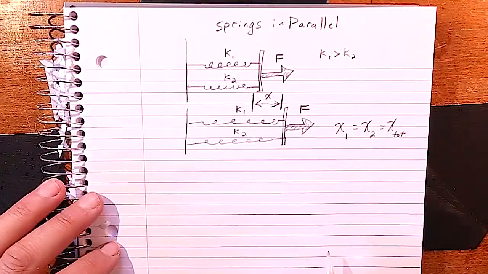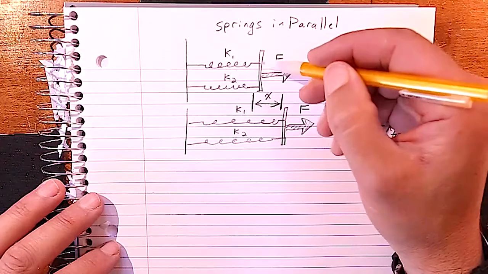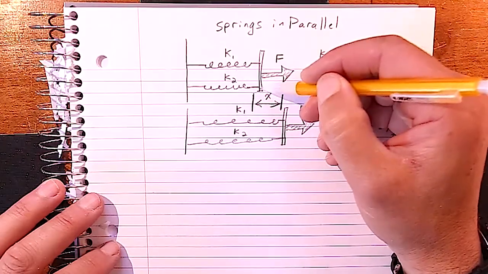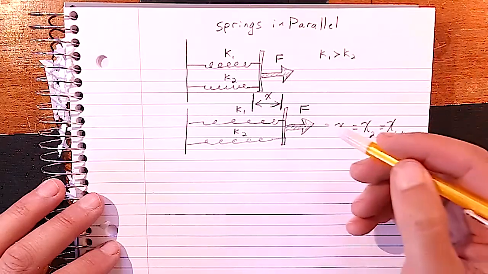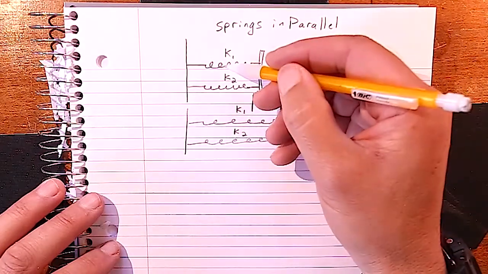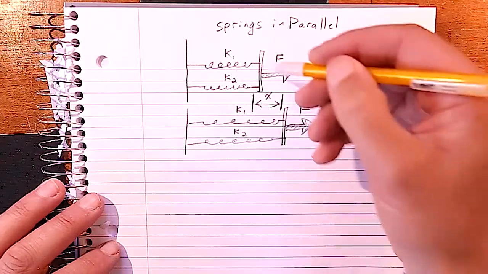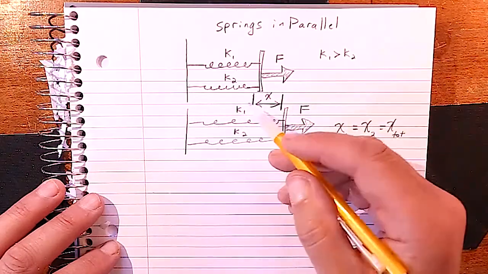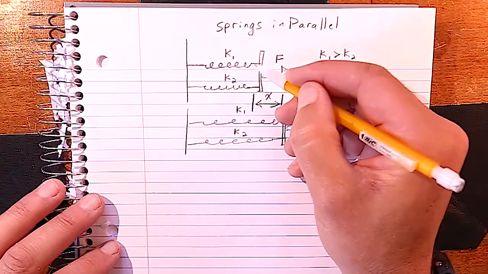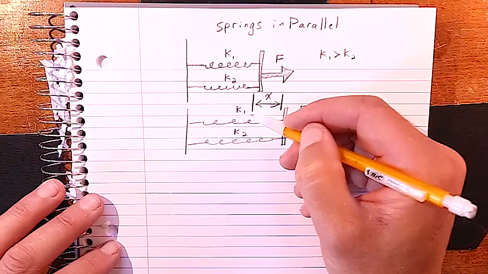What about springs in parallel? So if we have two springs and we put a light rod in between them and then pull on them with one force, what's going to happen? Well, these springs are going to stretch out the same amount, but the forces are not going to be the same. If K1 is greater than K2, the force here is going to be greater than the force here.